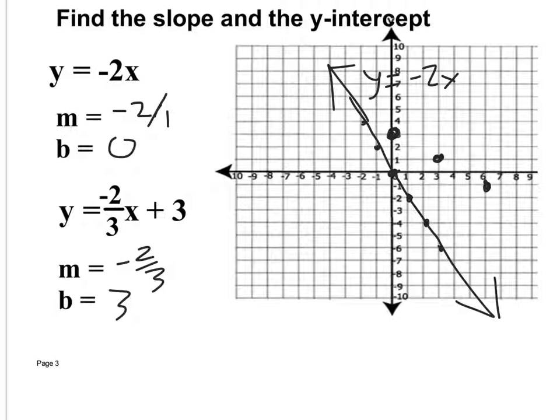Then I go backwards. I go up 2 over 3. And I do it, maybe one more time. Enough that I can see the line start to form. And I graph it. And I'm going to label it as y equals negative 2/3 x plus 3.